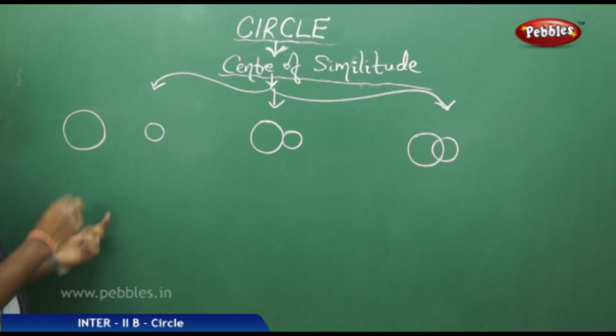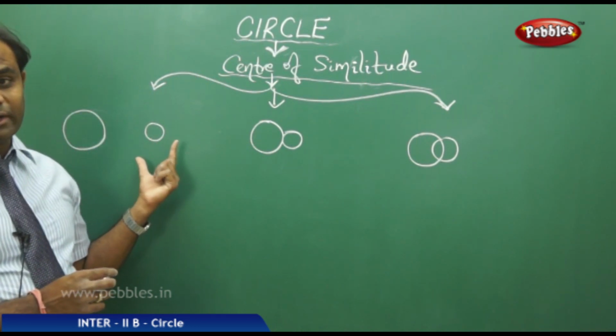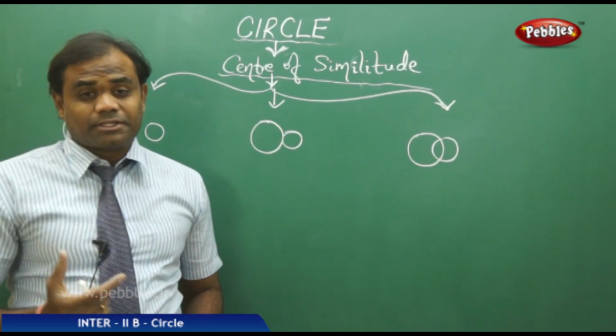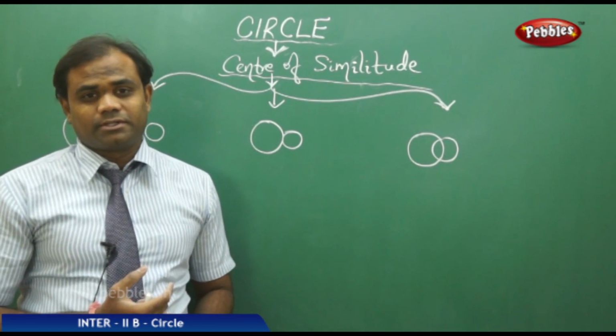Now here I have these circles which are disjoint or non-intersecting. We know that four common tangents can be drawn for these types of disjoint circles.